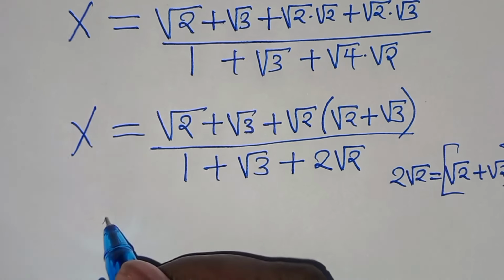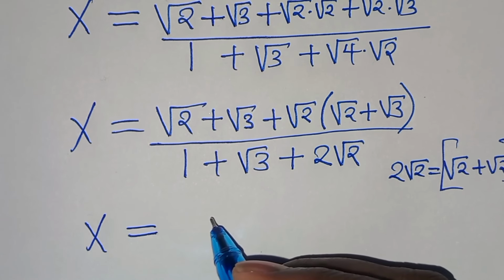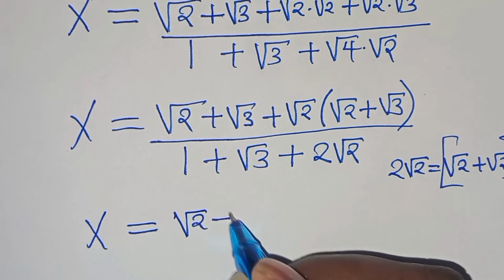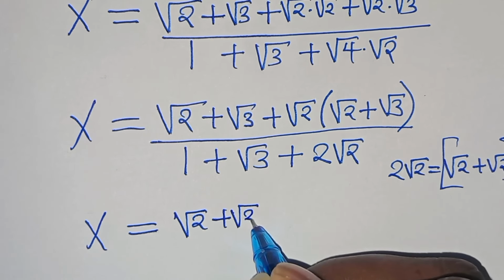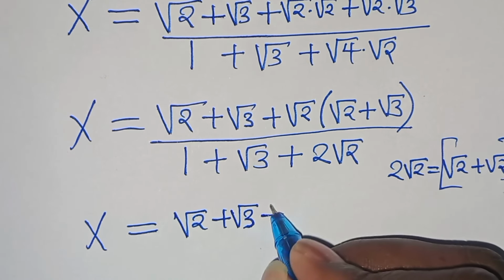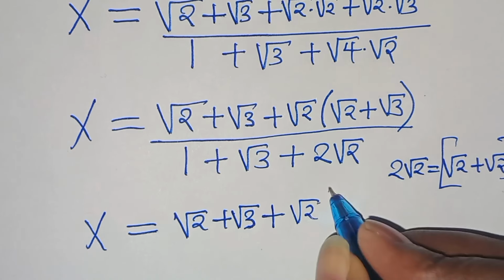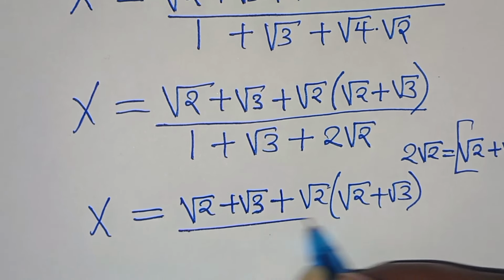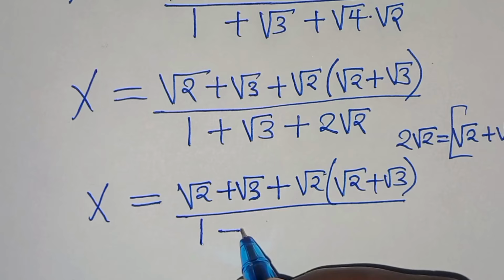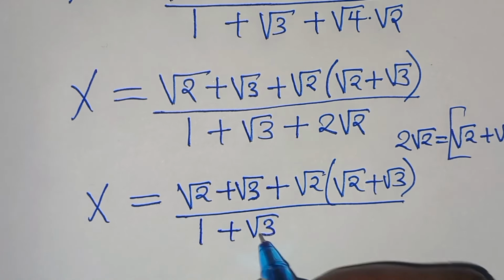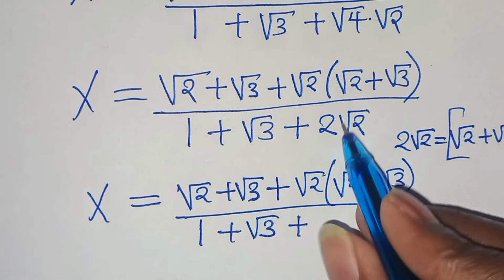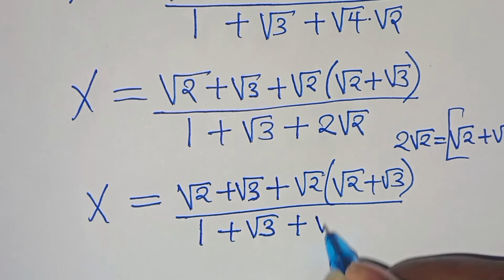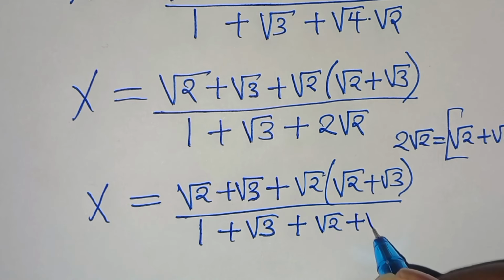Now, this means that x is equal to, in the numerator, square root of 2 plus square root of 3, then plus square root of 2, into the parentheses, square root of 2 plus square root of 3, divided by 1 plus square root of 3, then plus, now, 2 square root of 2, which is the same thing as square root of 2 plus square root of 2.